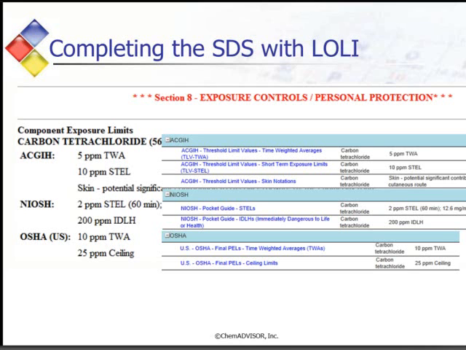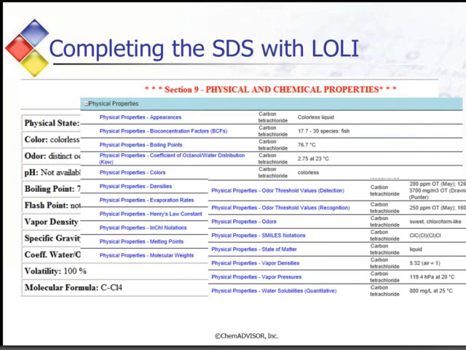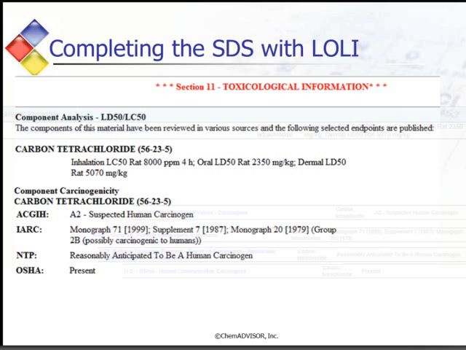For Section 9, physical and chemical properties, we have many lists addressing physical hazards or physical properties. Section 11, toxicological information, is where the LD50 and the carcinogenicity details of any hazards present could be addressed.